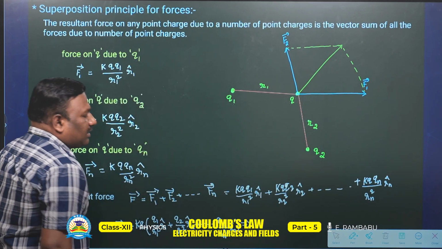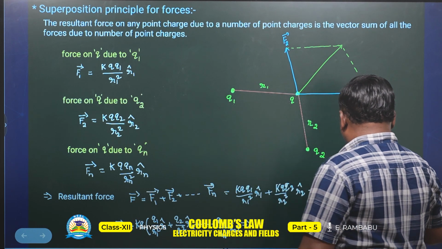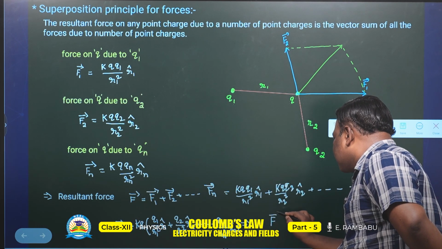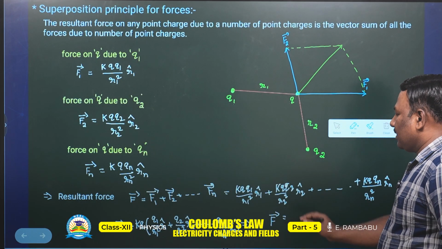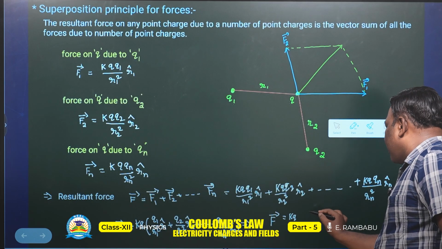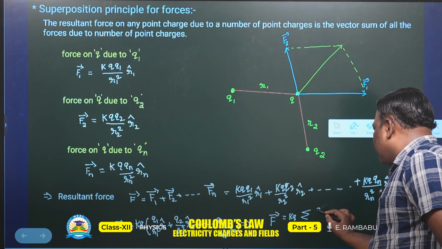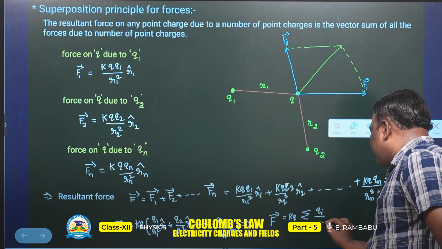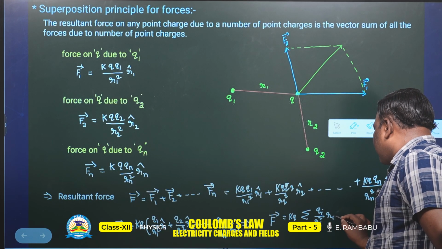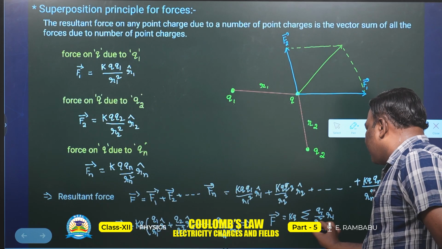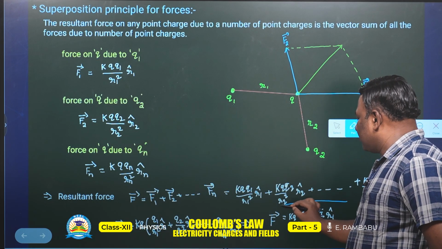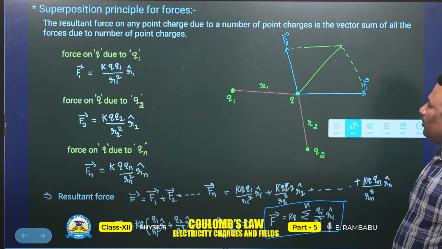So finally, the expression for the superposition principle for forces is F bar equals K into Q times the sum, sigma of Qi divided by Ri square along Ri cap, where i goes from 1 to n. This is the general expression for the superposition principle of Coulomb's law.